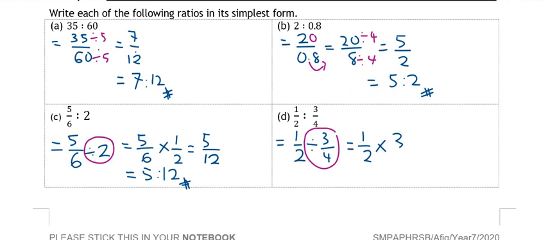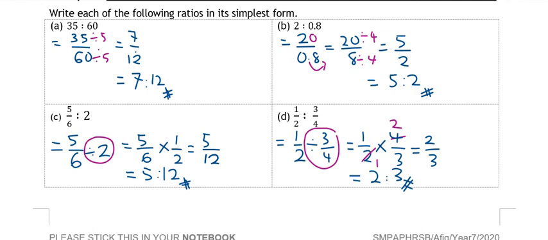Sorry, no, it's not 3, it's actually 4 out of 3. You can simplify this. 4 divided by 2, cancel them, and then you have 2 out of 3. Therefore, your ratio will be 2:3. Right, that's it for the first part.